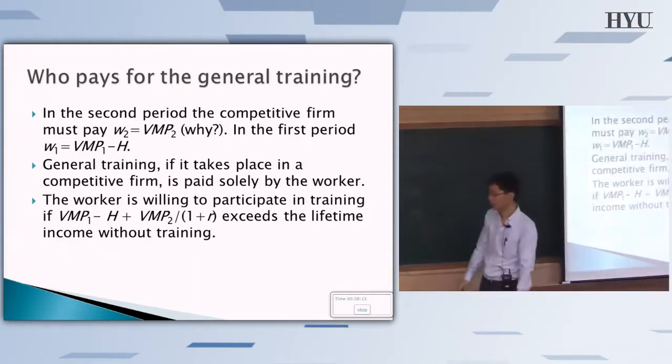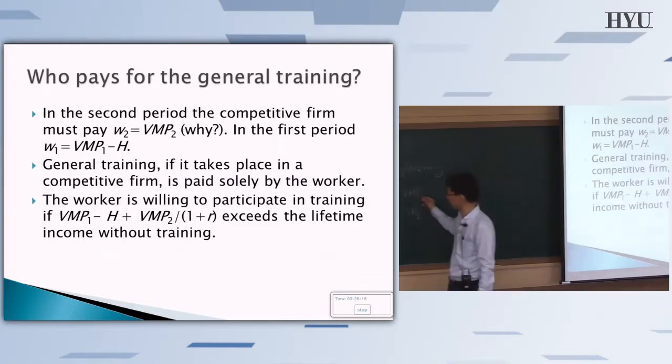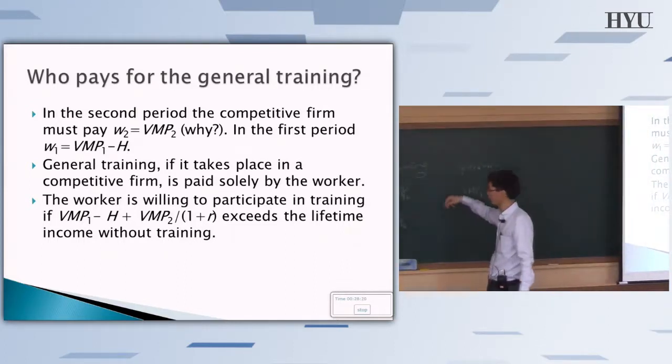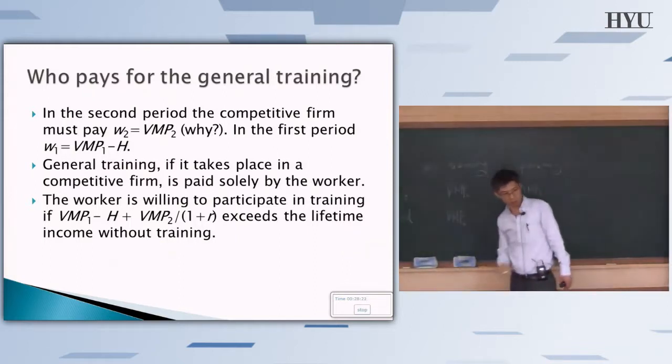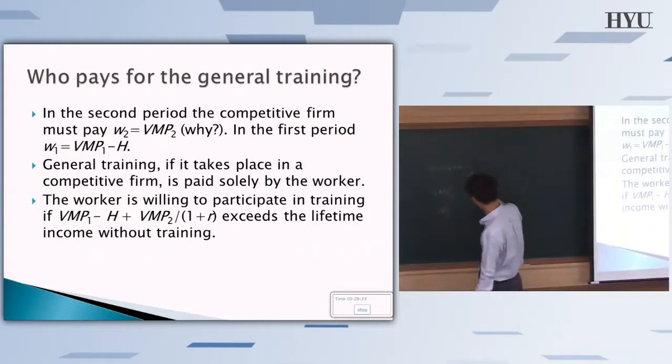So from the worker's point of view, whether to get training or not is just to compare the lifetime income with the training and the lifetime income without the training.